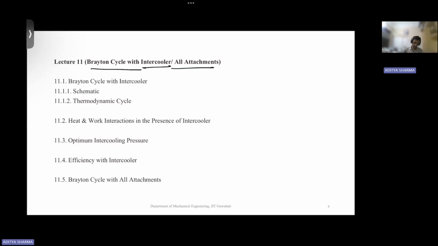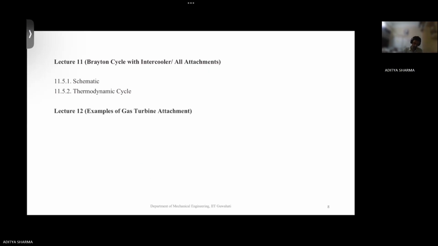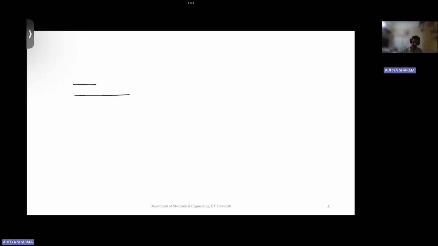So topics are Brayton cycle with intercooler. First of all you have the schematic, then the thermodynamic cycle, then heat and work interactions, then optimum intercooling pressure, then efficiency with intercooler, then Brayton cycle with all the attachments, and the schematic for that has been given, and the thermodynamic cycle related to it.